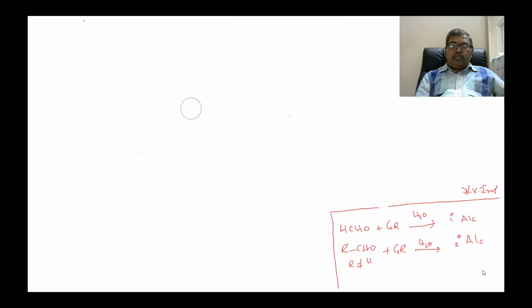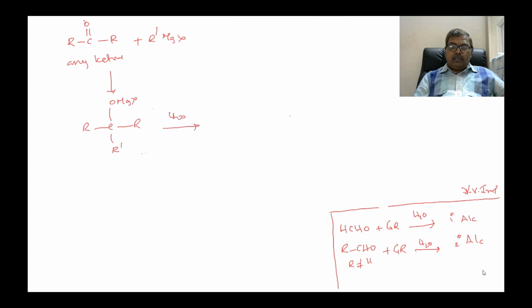Now, for example, RC double bond O R dash, any ketone, remember, with R dash MgX. So RCR R dash OMgX, and followed by hydrolysis.